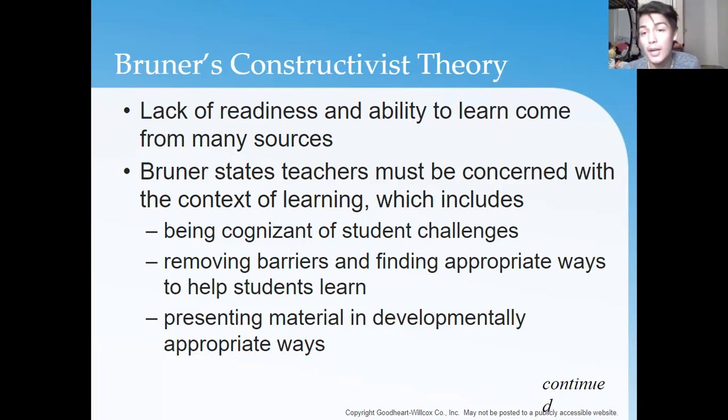So make sure that you accommodate to your students' level, basically. So if they have issues with reading, you can make sure that you find ways to make them feel welcome and included, if that makes sense.